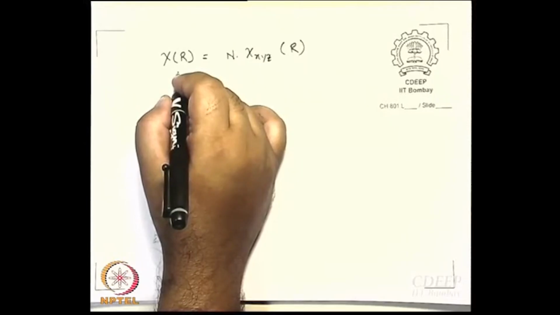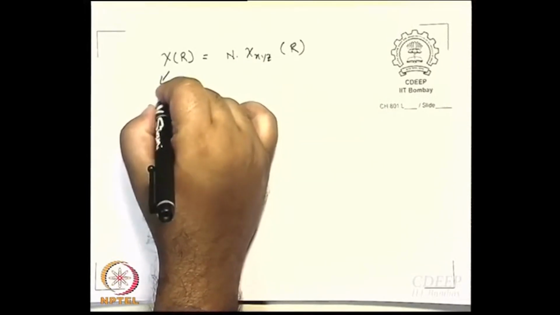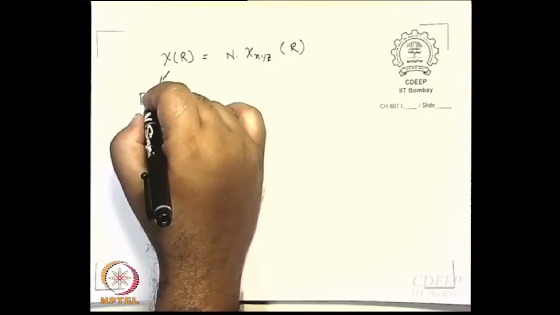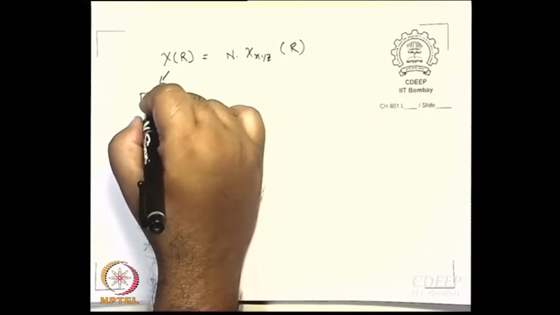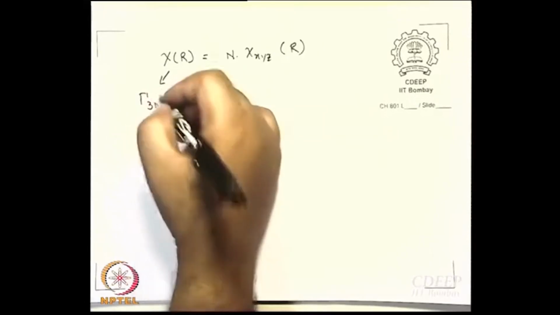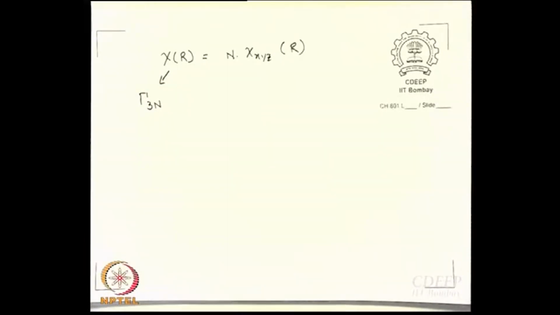Which reducible representation? Here we are talking about gamma 3n, isn't it? When we write this chi of R, we are talking about the reducible representation that we generate from the 3n number of coordinates that are there in the molecule, all right.